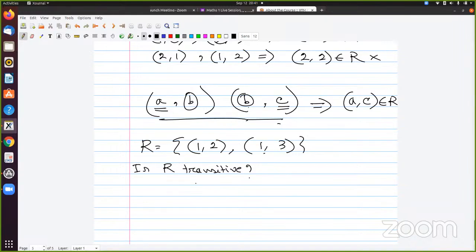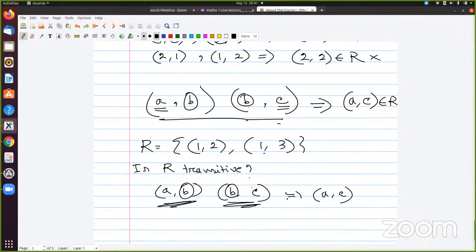No. Because there are elements starting with 1, right? We don't have any two pairs for which this happens. So we don't need (A,C) inside this, because we don't have these two pairs to begin with.